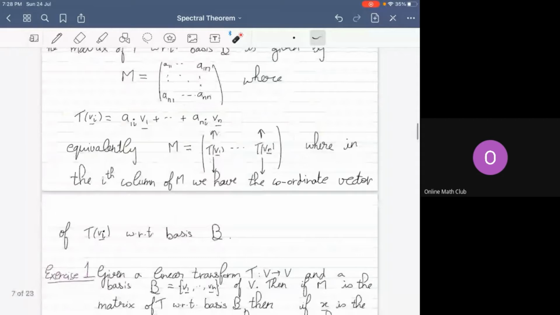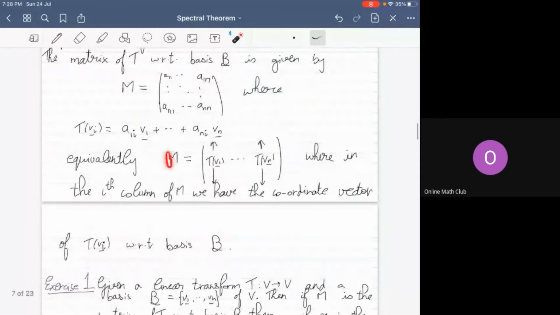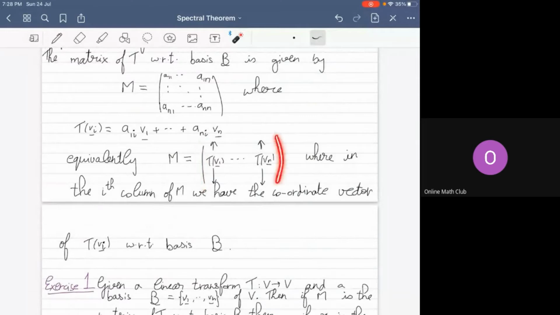So equivalently, we define the matrix of a linear transform as this. So when I write this, I mean exactly this. Like this is the numbers as a coordinatization using the basis v1.